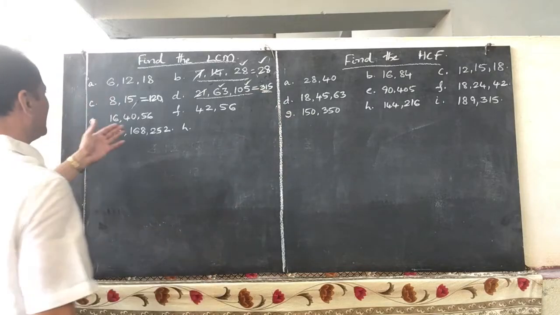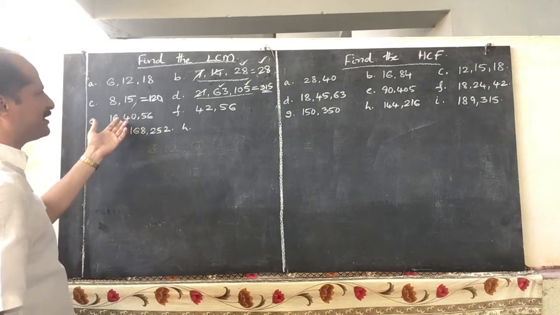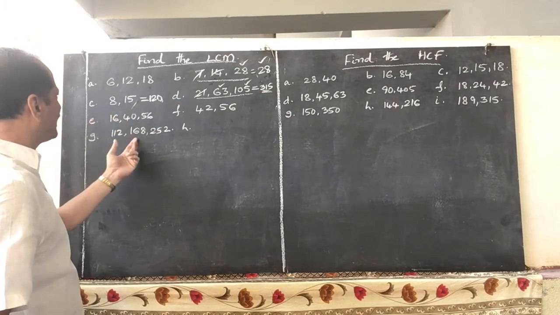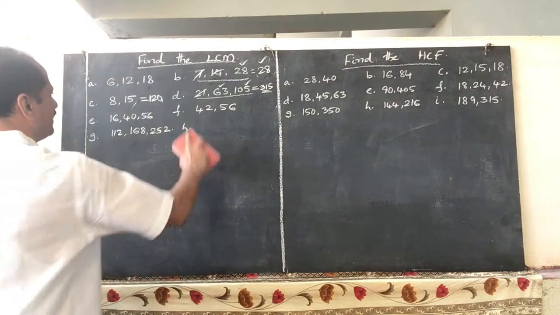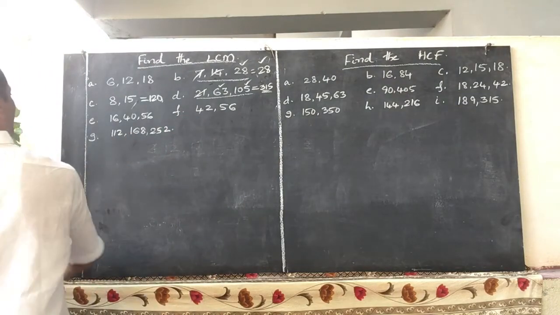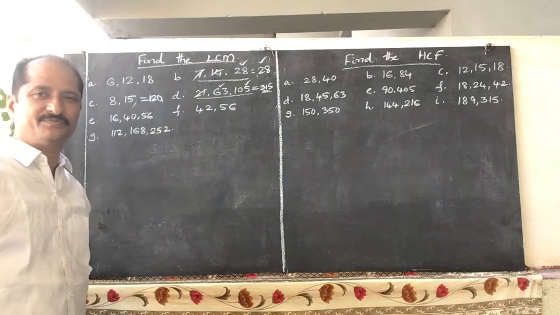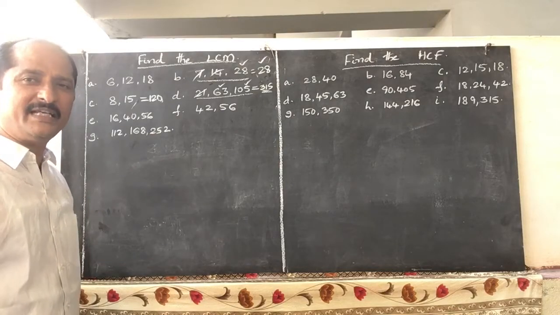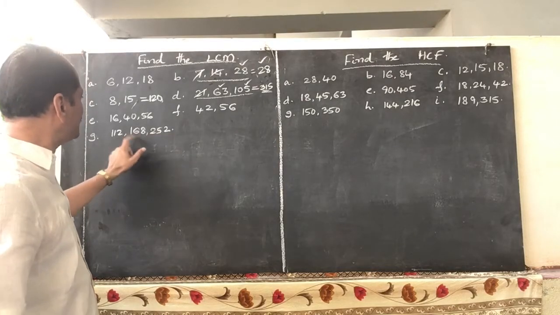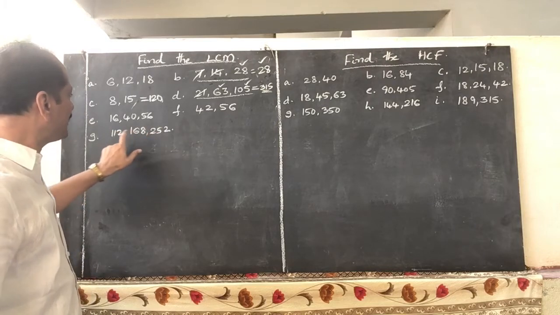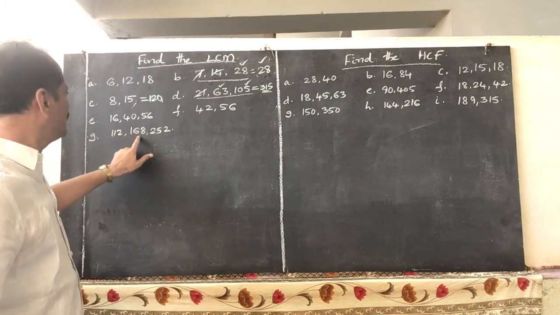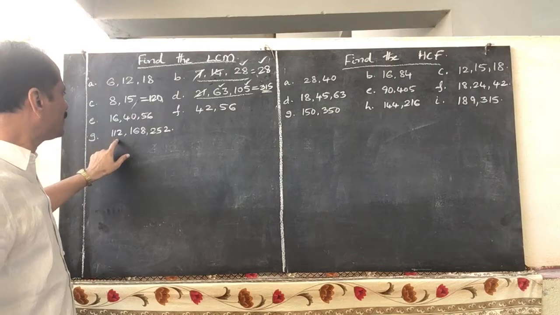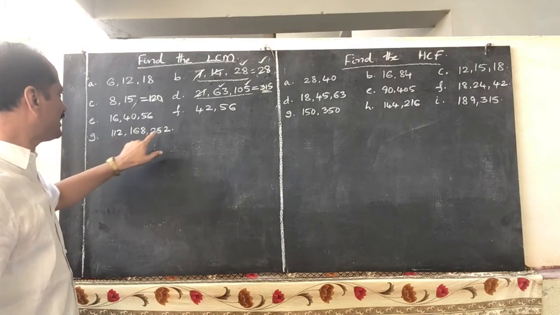observe carefully, find out the LCM of this number and this number yourself at home. And now here observe carefully the LCM of 112, 168 and 252. Is the greatest number a multiple of any smaller numbers? 252 is a multiple of this or this, you can check. 112 2s are 224, so it is not a multiple.